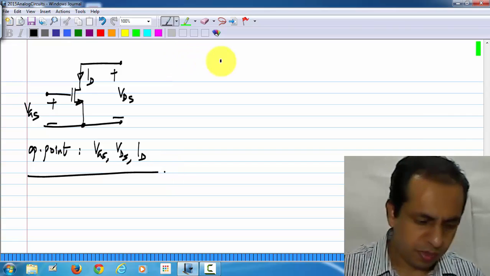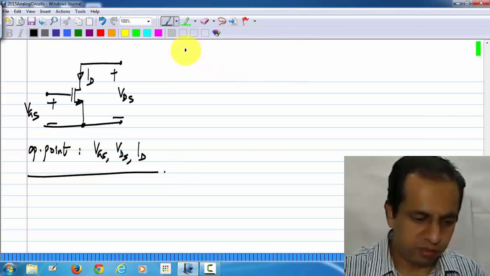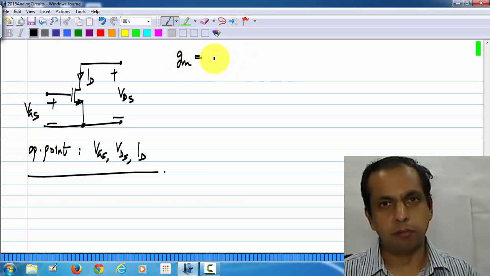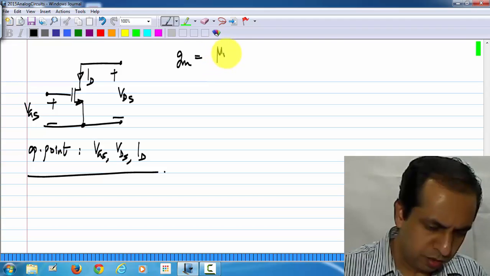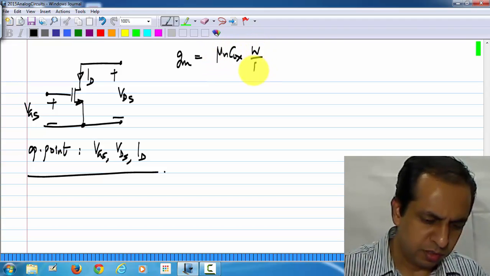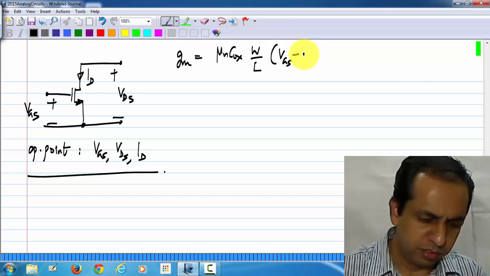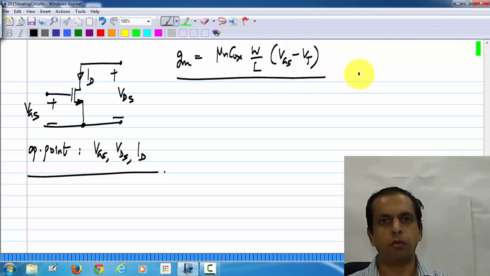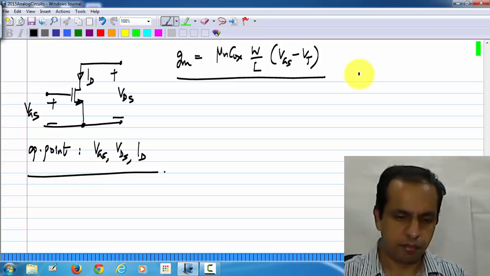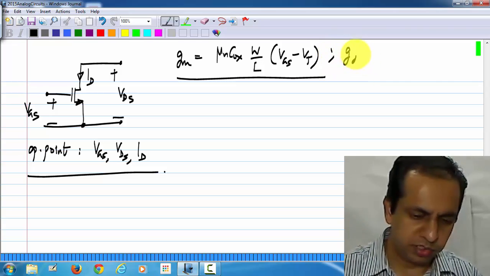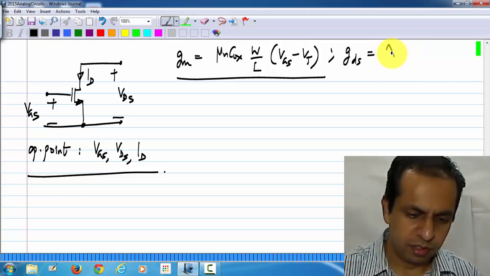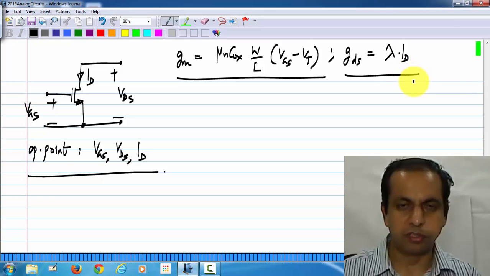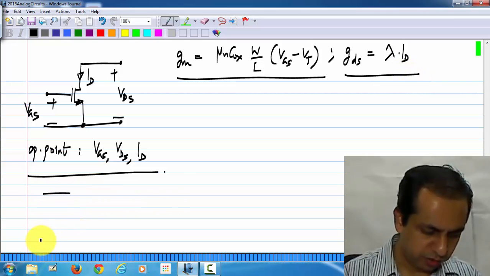Now the small signal parameter GM, we know it is mu n Cox W by L times (VGS minus VT). Again I am ignoring the 1 plus lambda VDS term. And also the output conductance GDS is lambda times ID. So these are the parameters of the small signal equivalent circuit.